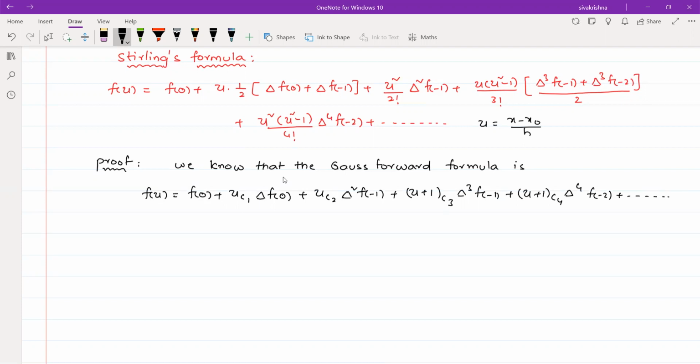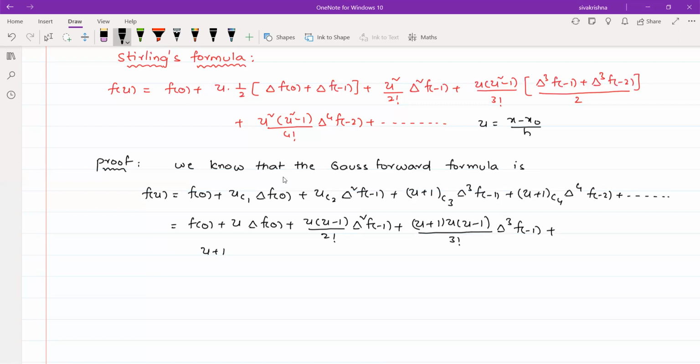So if you write this particular formula in a simple way, that is f of 0 plus, so uc1 is nothing but u into delta f of 0. After that we have to write uc2. uc2 is nothing but u into u minus 1 by 2 factorial into delta square f of minus 1 plus u plus 1 c3. So that means u plus 1 into u into u minus 1 by 3 factorial into delta cube f of minus 1 plus you have to write u plus 1 c4.